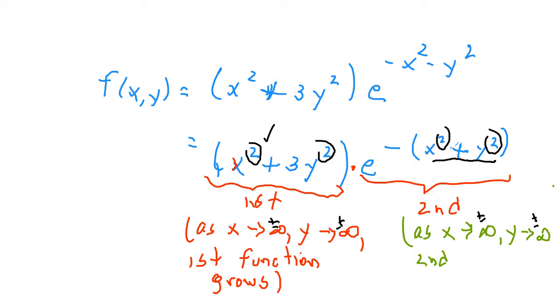But this second function is e to the power negative x squared plus y squared. So what would this second function do as x and y get large? Does it grow or does it decrease?